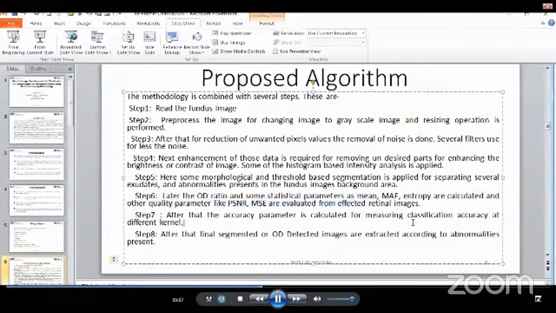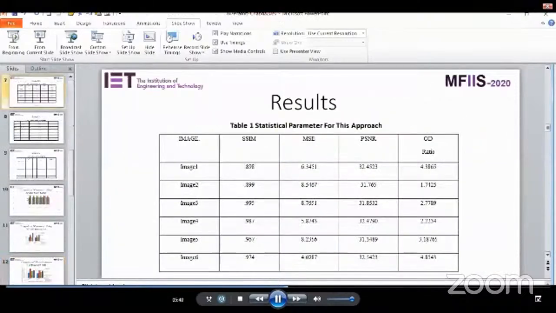Then classification accuracy parameters are measured using an SVM classifier at several different kernel levels, such as the linear kernel, RBF kernel, and polynomial kernel, and the accuracy values are calculated. After that, the final detected optical disc images are extracted from the retinal images to see whether abnormalities are present or not.